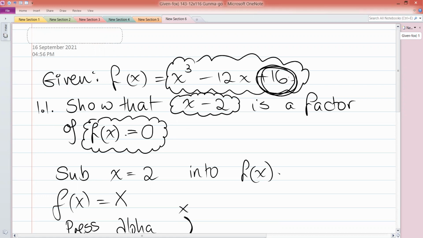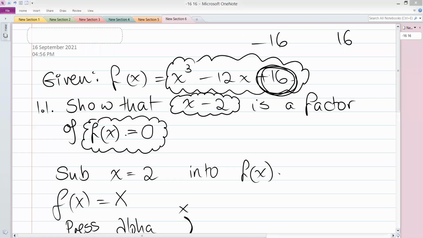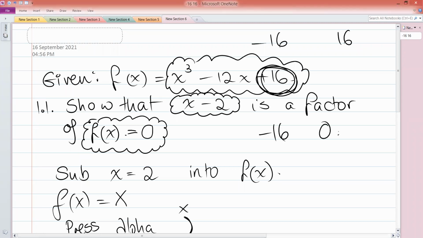You can actually say, I'm going to start from negative 16 and go to positive 16, because that's where all the factors of positive 16 lie. If you get an error because of insufficient memory, you can make your start point negative 16, endpoint 0. Then the next time you make your start point 0 up to 16. Then you'll be able to see all the factors.